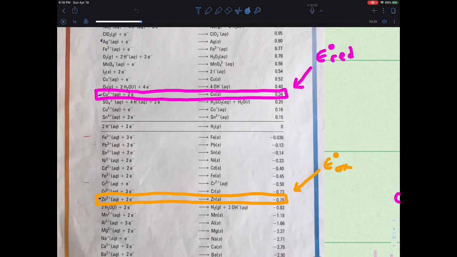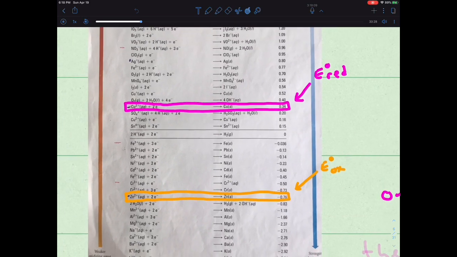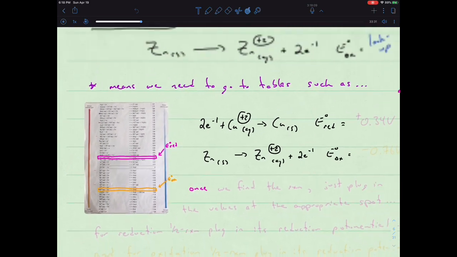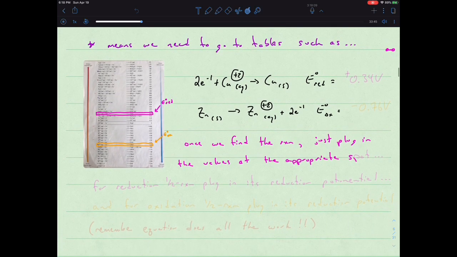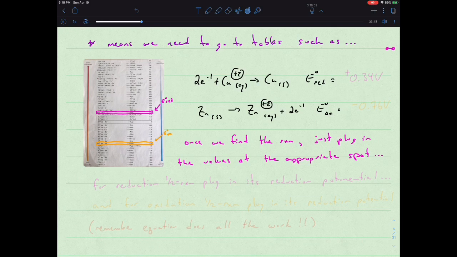So once we find the reactions, just plug in the values at the appropriate spot. Meaning, for the reduction half reaction, plug in its reduction potential.